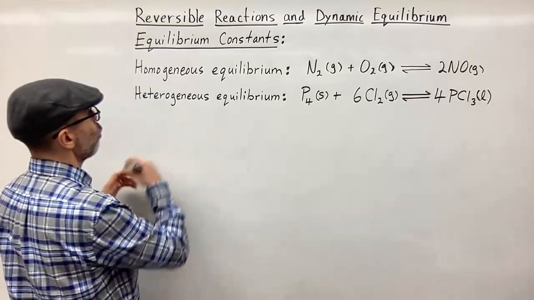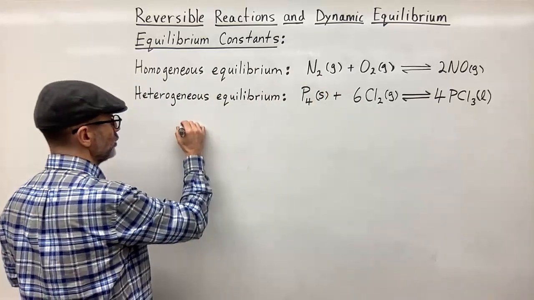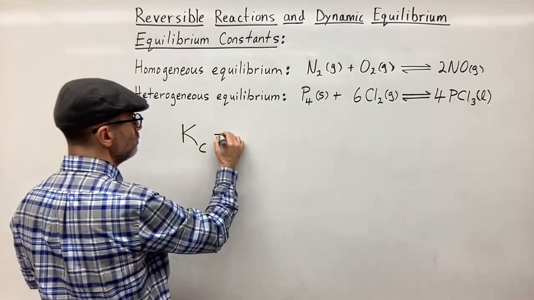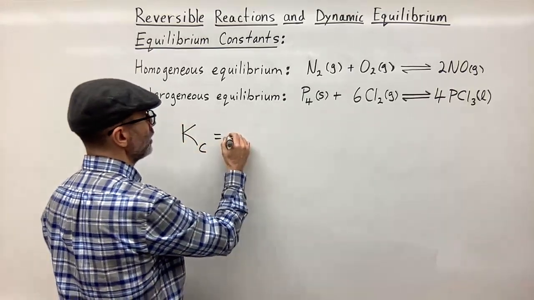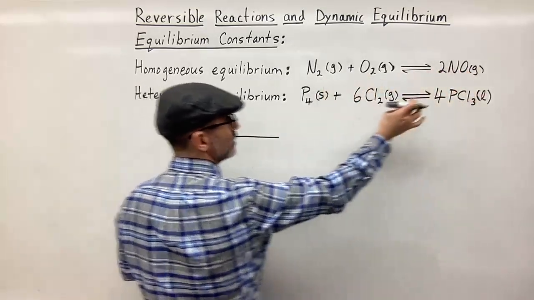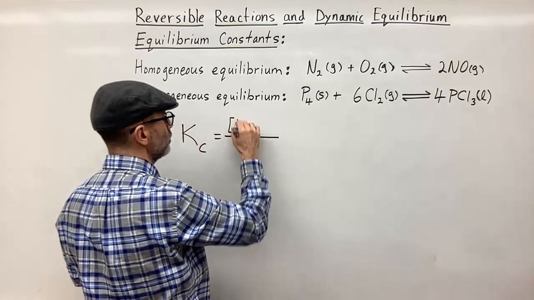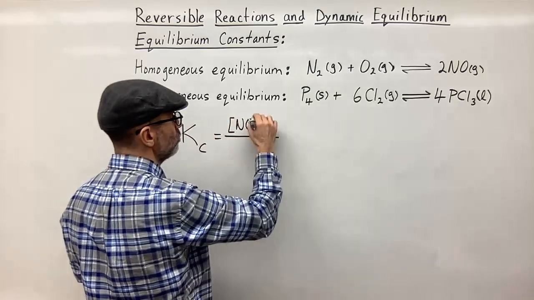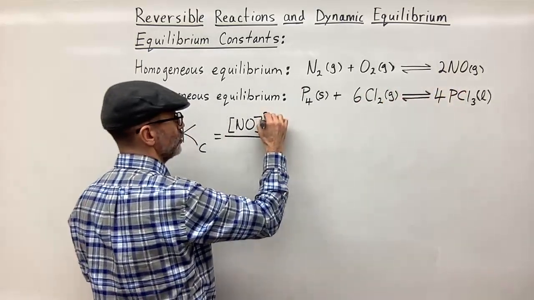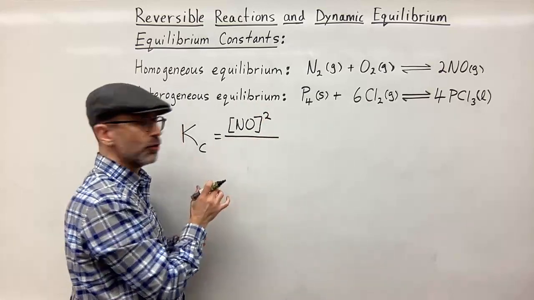Okay, so for this equation here, I could write the expression, we'll say Kc. Kc is equal to products over reactants. So here I have the product NO, so the concentration of NO, raised to the power of 2 because that's the coefficient 2. This is the only product I have, so that's it for the top.